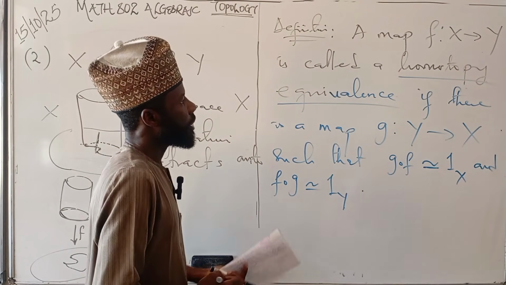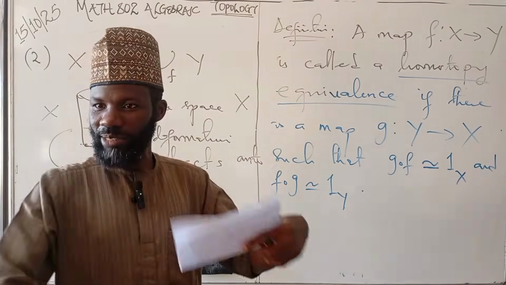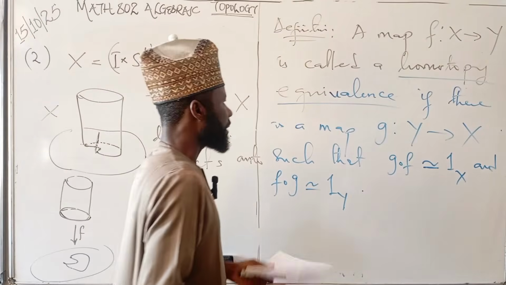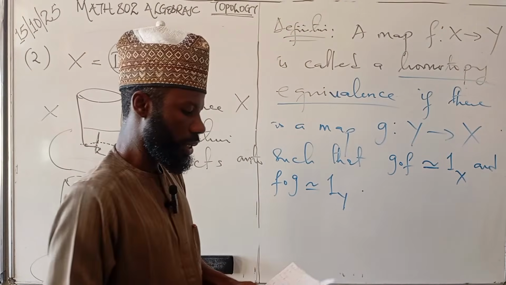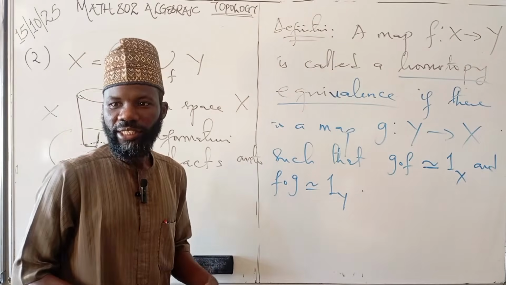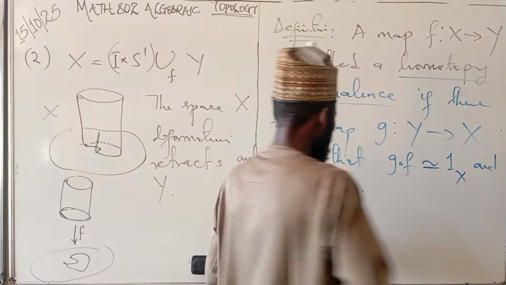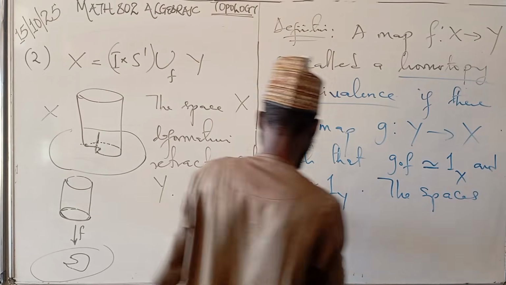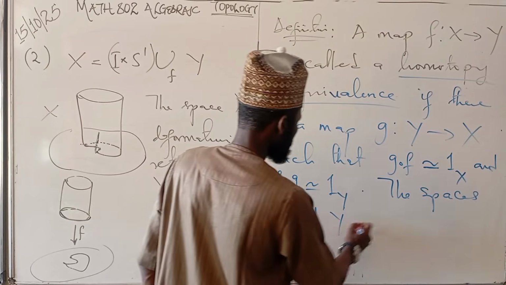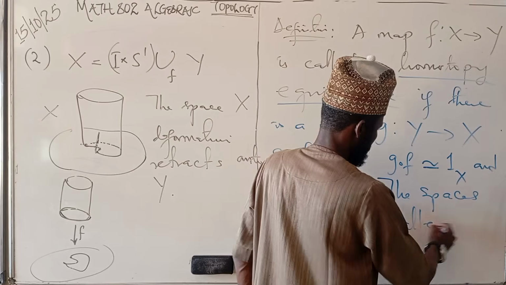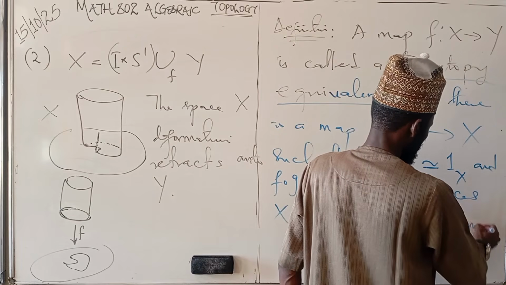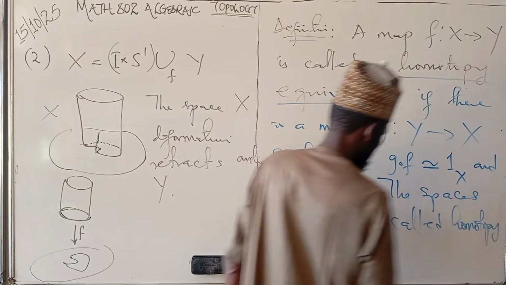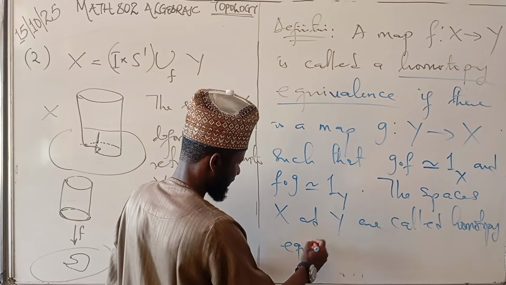If you have such a homotopy equivalence between spaces, then the spaces are called homotopy equivalent. Okay? The spaces X and Y are called homotopy equivalent.